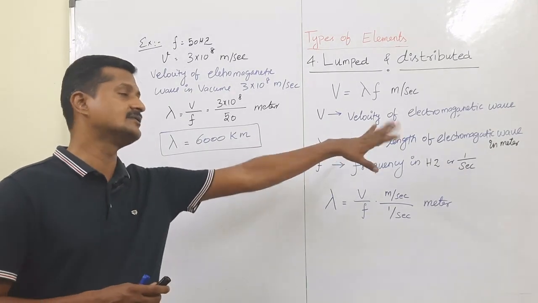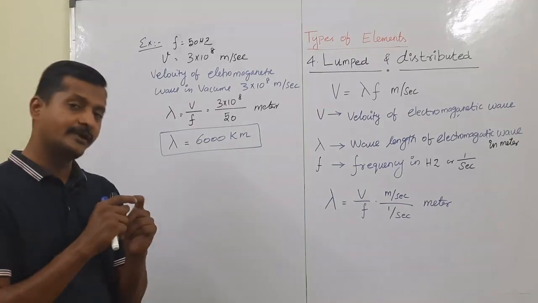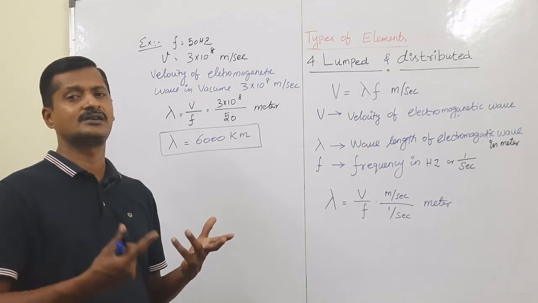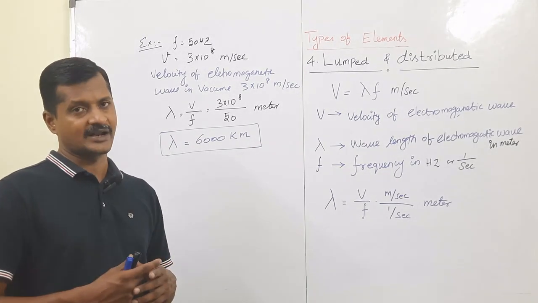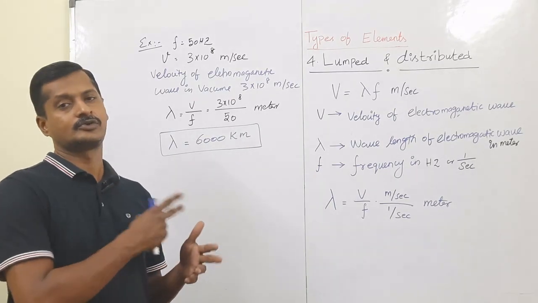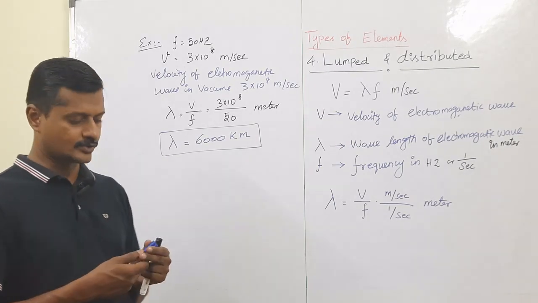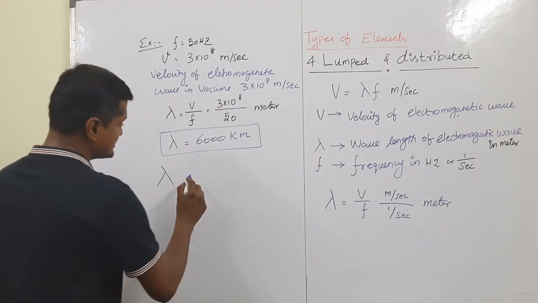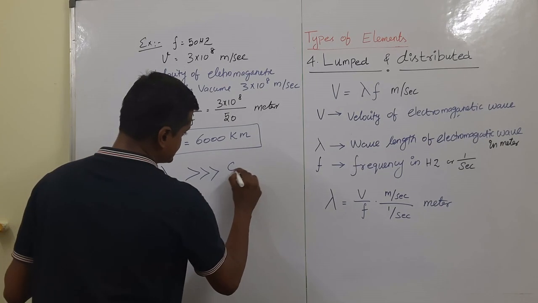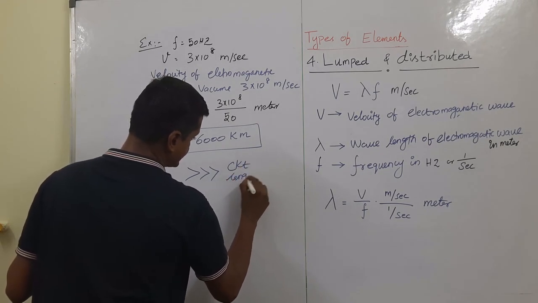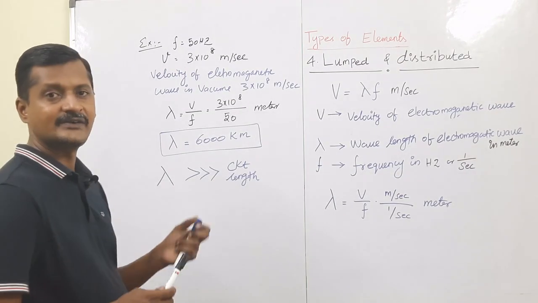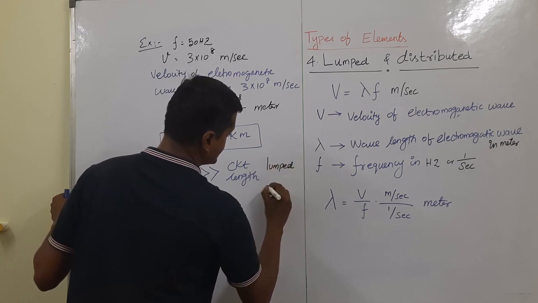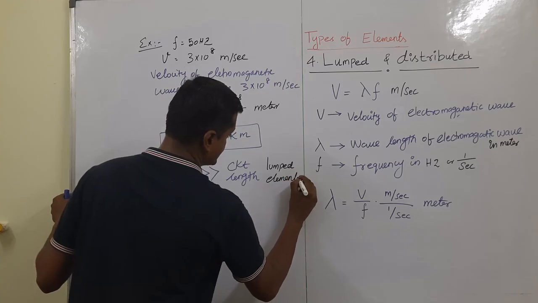Lambda is the wavelength of the electromagnetic wave. If the wavelength of the electromagnetic wave and the length of the element we use are more or less equal, we call it a distributed element. If the length is very low as compared to lambda, we call it a lumped element. So here lambda, the supply wavelength, is greater than the circuit length, that is called a lumped element.